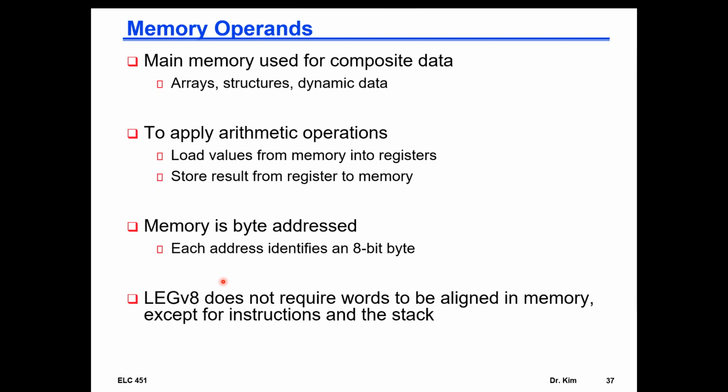Well, word 0, let's start counting everything at 0. Word 0 would start at byte address 0. Word 1 would start at byte address 8 because it's every 8 bytes. Word 2 would be at byte address 16.